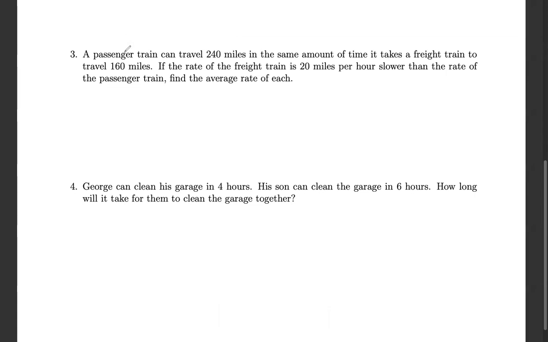So we have 2 kinds of trains, a passenger train, yeah, and the distance equals 240 miles. And the same amount of time. So it means the time T for the passenger train equals the time for the freight train. Right? So the distance the freight train travels is 160.